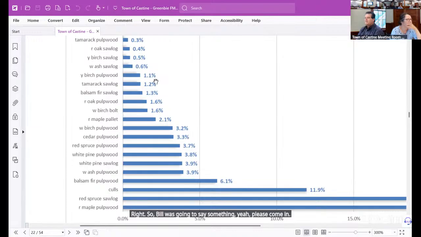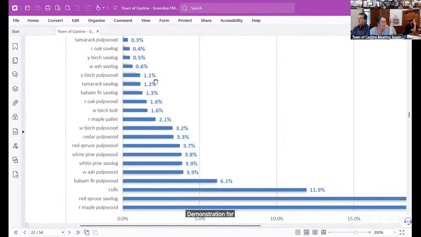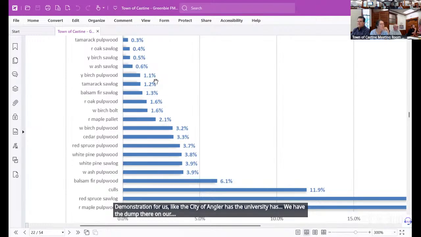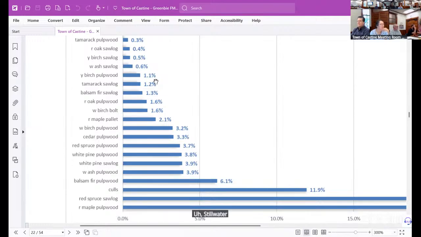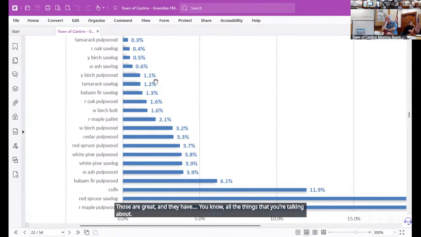In terms of making a demonstration for us, like the city of Bangor has, and the university has, near the dump out by Stillwater, those are great, and they have all the things that you're talking about, but they're also tremendously labor intensive. I've worked on both of them.